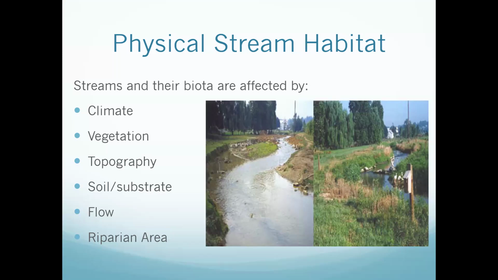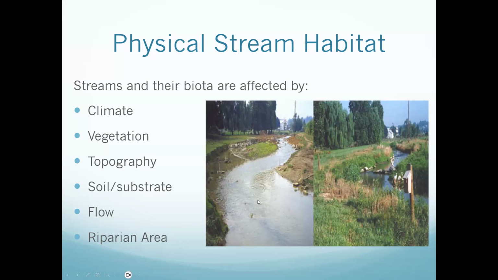And here's just another bullet point list of the things that streams and their biota are affected by. So, climate changes, vegetation changes, the topography, soil and substrate flow, and then the riparian area, what buffer does it have? So in these pictures, you can see some of the erosion.